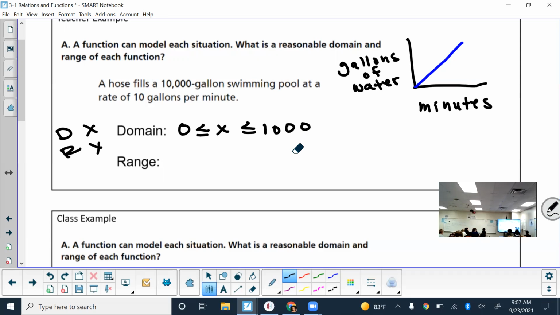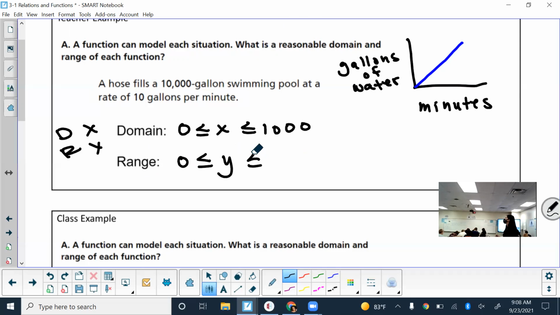Now for your range, it's going to be a similar setup, but now we're talking about gallons of water. So where's a good starting point? Would it be a negative number? No. Can it be 0? Yeah, we can start at 0. And then instead of writing x, what am I going to write? y, because it's our range.